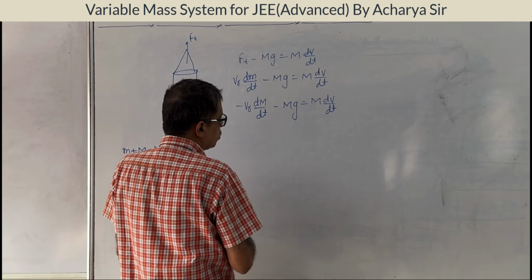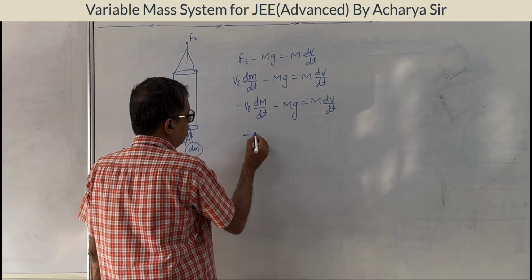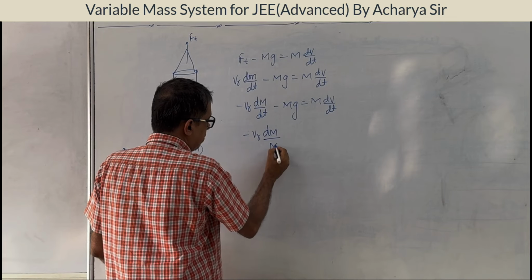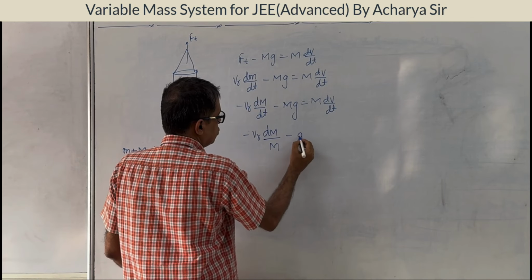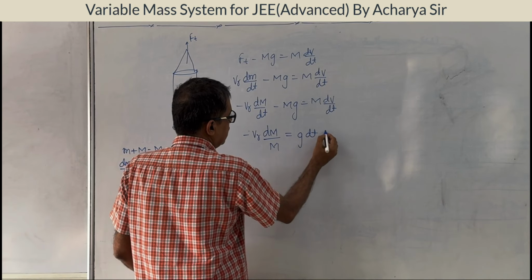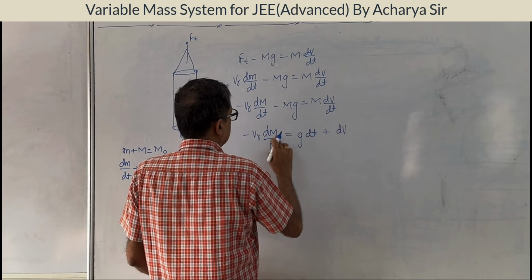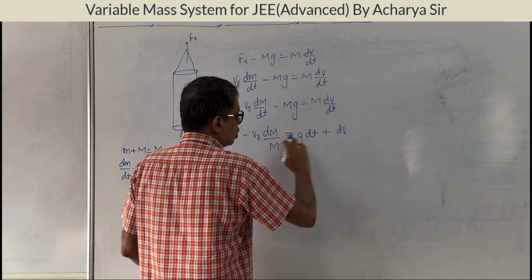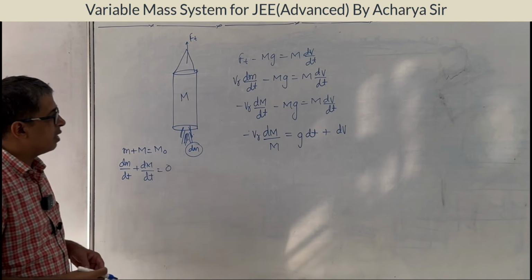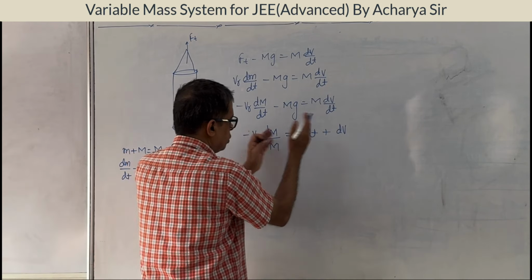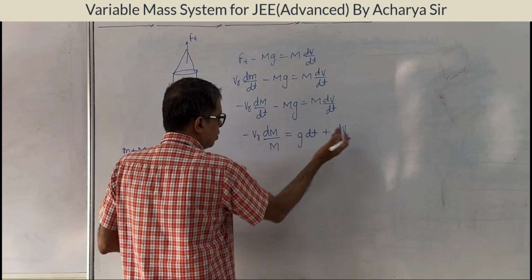Now divide all throughout by M: minus V_R dm by capital M minus g dt is equal to dv. I divided by capital M all throughout, multiplied by dt. I should have brought it this side, it's okay, I'll write it again.